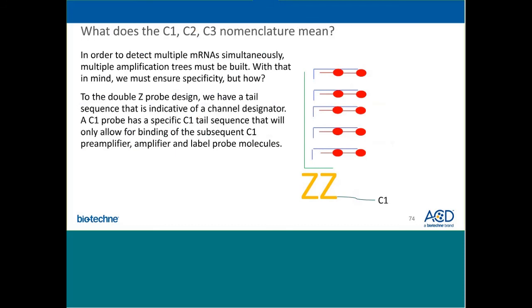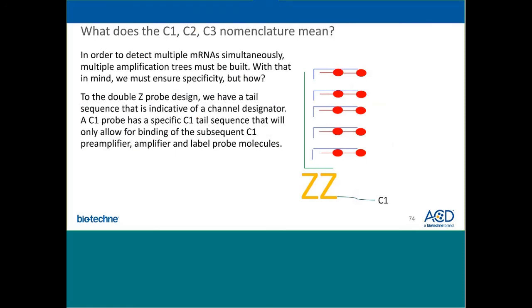Another question is, what does the C1, C2, and C3 nomenclature mean? So previously I had addressed this, that in order to detect multiple mRNA simultaneously, multiple amplification trees must be built. With that in mind, how do we ensure specificity? So in the double Z probe design, we have a tail sequence that is indicative of a channel designator.